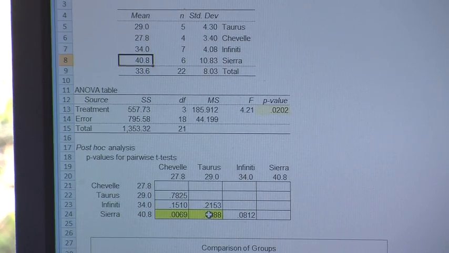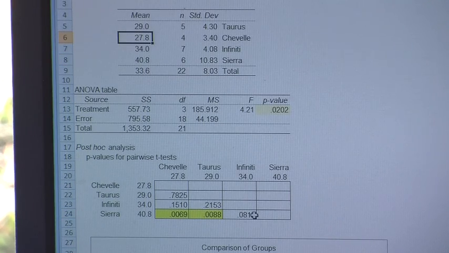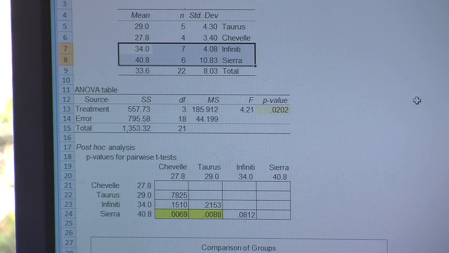You'll also see that the Sierra was statistically significantly different from the Chevelle, 40.8 versus 27.8, but it was not statistically significantly different from the Infiniti, because those two vehicles got 40.8 and 34. If you'll recall earlier, I said I just wasn't sure how that would work out. But again, with even a slightly larger sample size, 15 to 20, in all probability this p-value would have been less than 0.05.